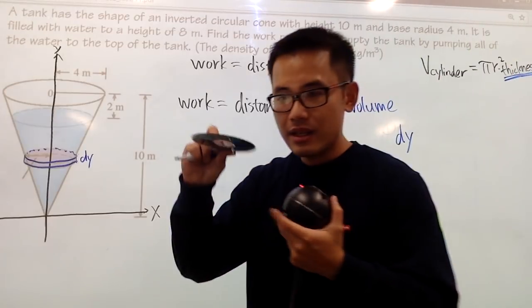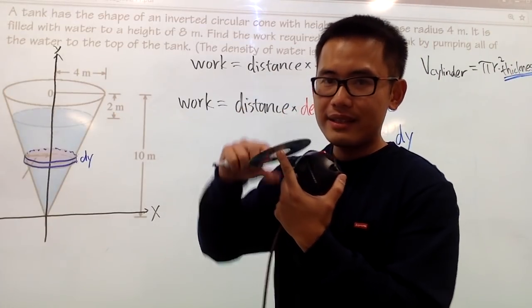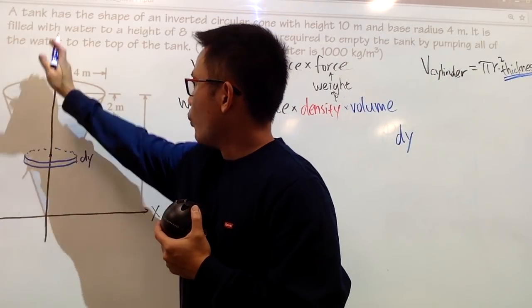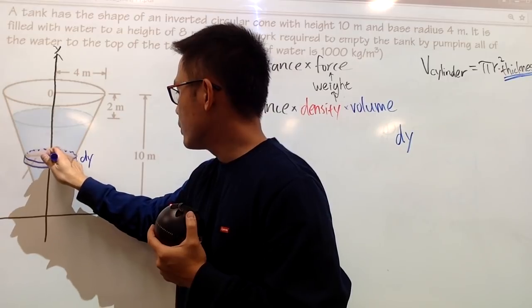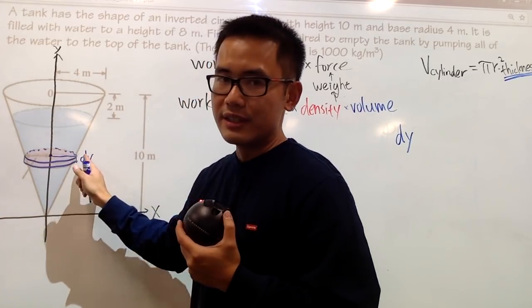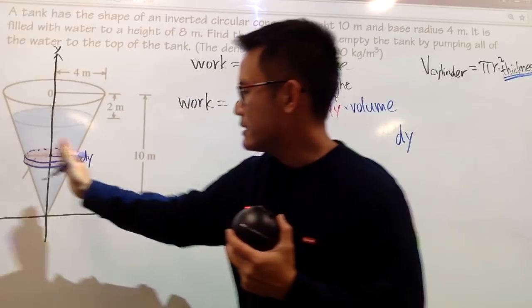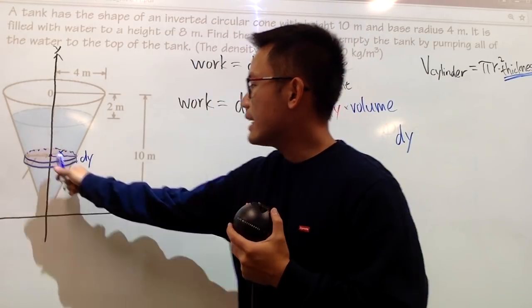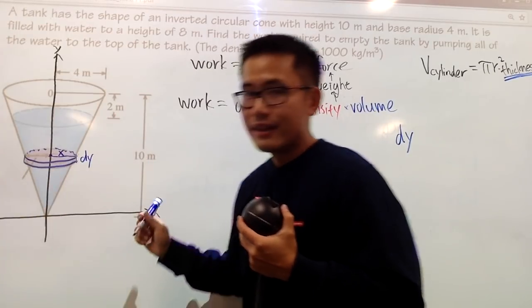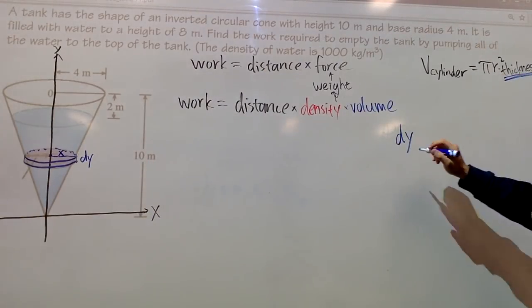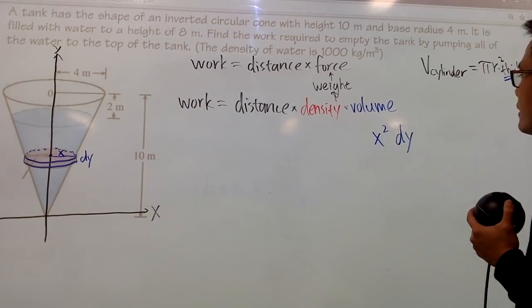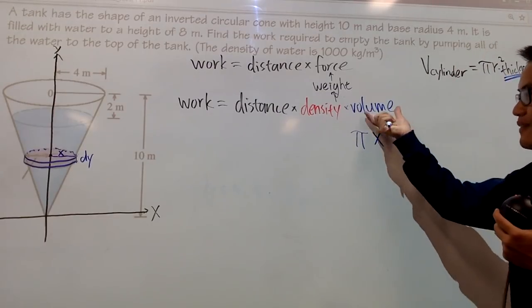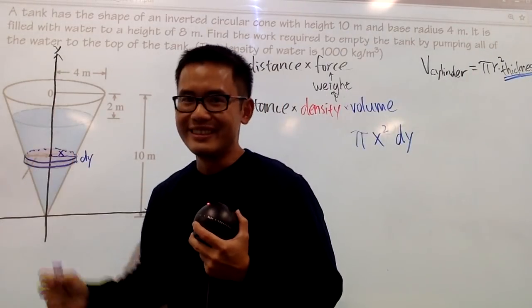As you can see, radius is just the horizontal distance, from the y-axis all the way to here. This horizontal distance is the x value based on our reference frame. So this is just x, and that's the radius of this cylinder. So we will multiply by x squared, and of course pi is just pi. And guess what? You are done with the volume of this blue cylinder, so it's just like the CD that we have.